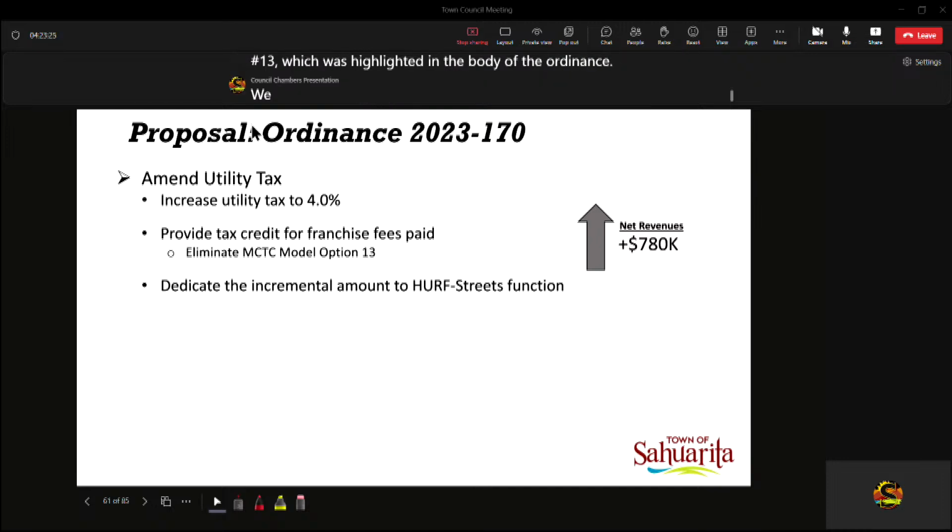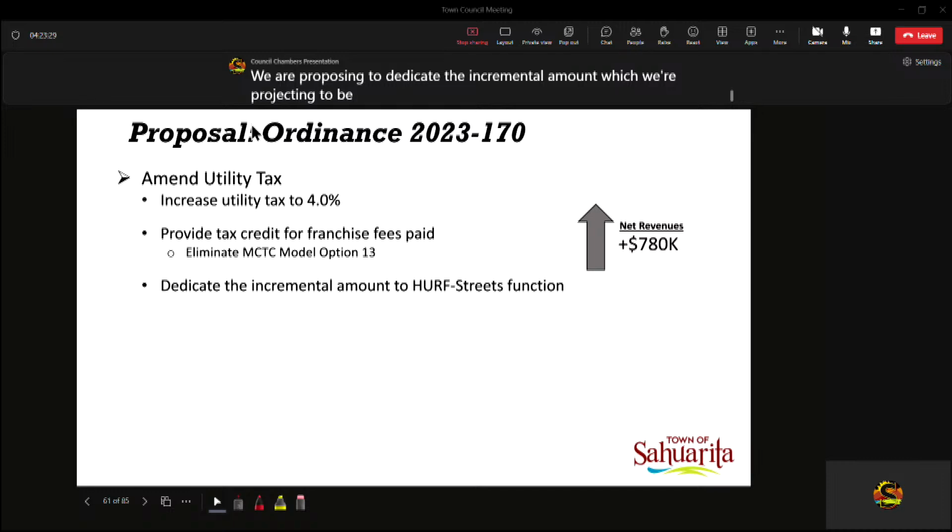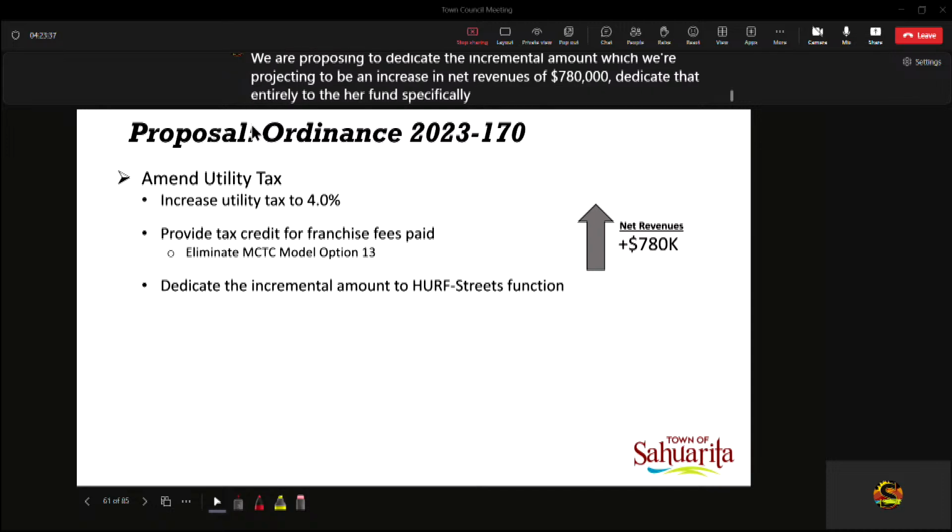We are proposing to dedicate the incremental amount, which we're projecting to be an increase in net revenues of $780,000, and dedicate that entirely to the HURF fund, specifically for the streets function.